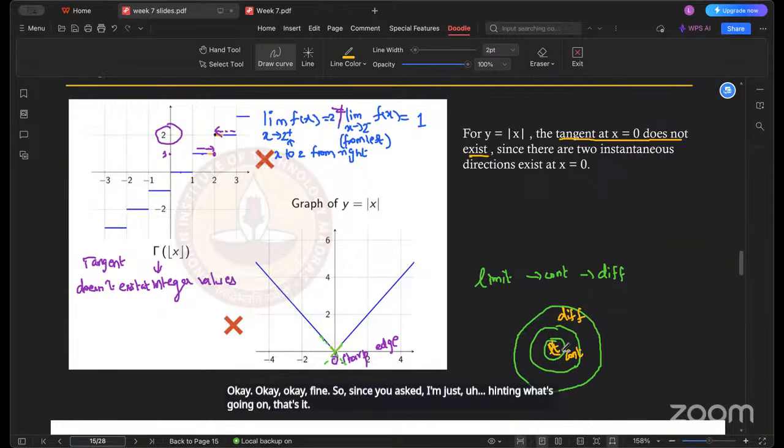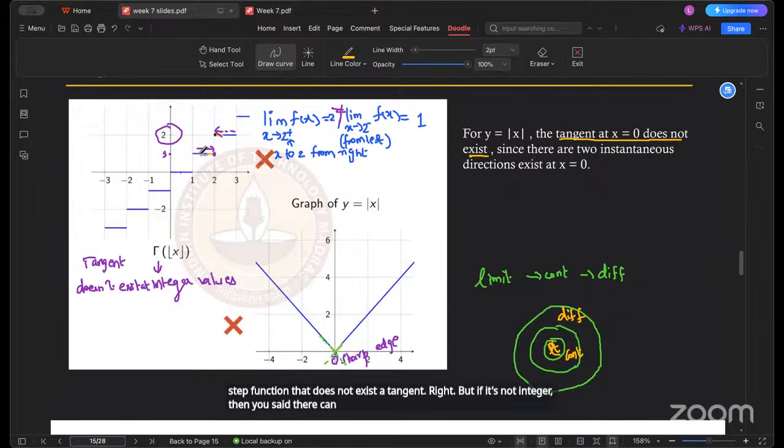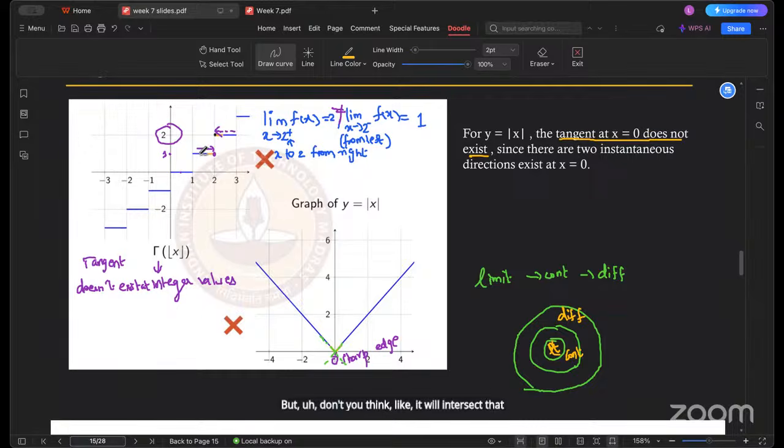You mentioned that for any integer value in the step function, there does not exist a tangent. But if it's not an integer, then you said there can exist a tangent. But don't you think it will intersect the line from 1 to 2? So how can any intersecting line be a tangent?